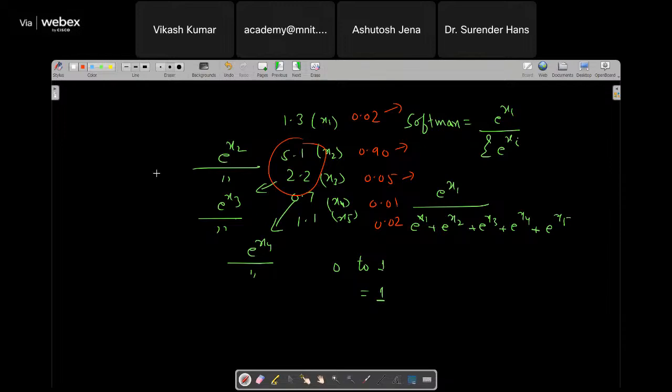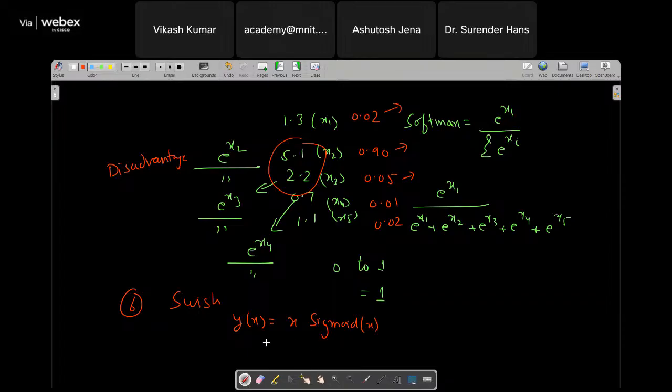Now the disadvantage is that it is computationally expensive because of the multiple exponential functions. Now the last one is swish, that is y of x equal to x times sigmoid of x.